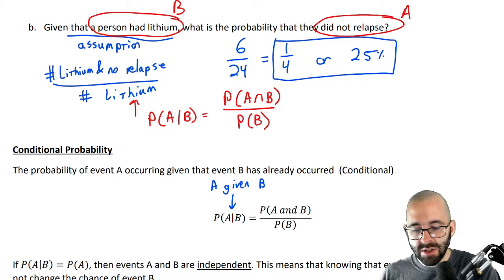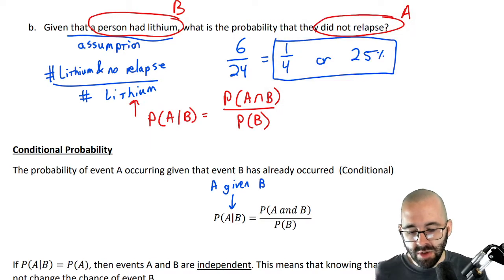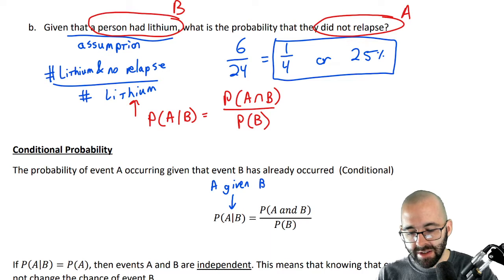When we do the calculations, we actually have a bit of redundancy. But this thing up here, this is intersection. It's just another way of saying and.